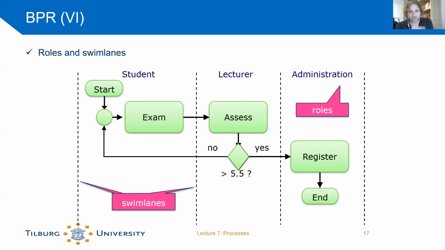You also don't have to remember this, but usually in those modeling software packages you can have roles and swim lanes. If you look at this process, the exam is made by the students, the assessment is done by me, the administration registers the grades, so you can have different roles and different processes side by side, conducted by different units.